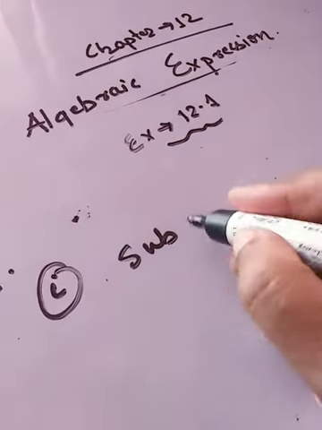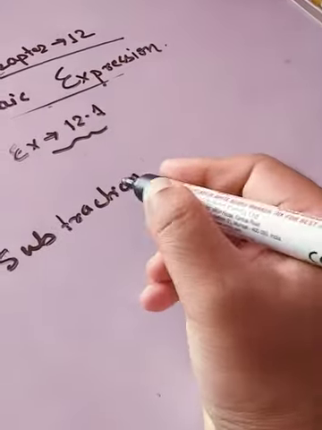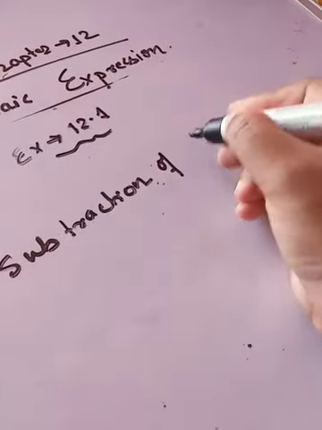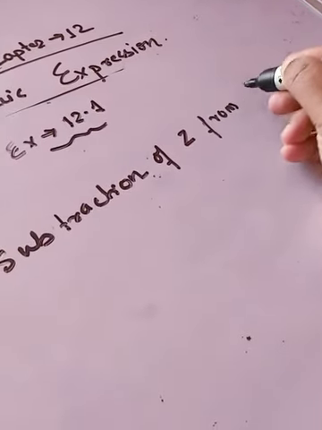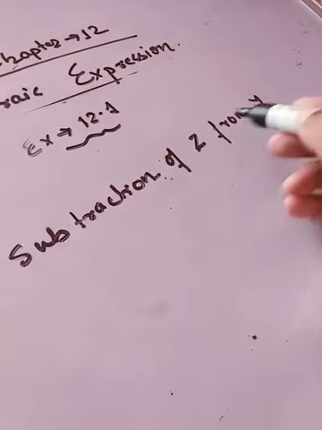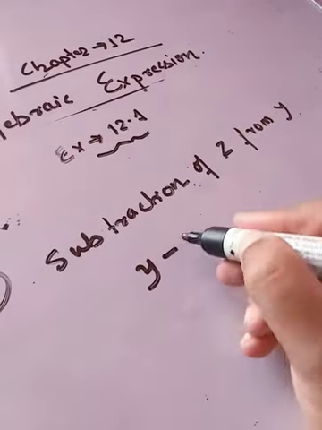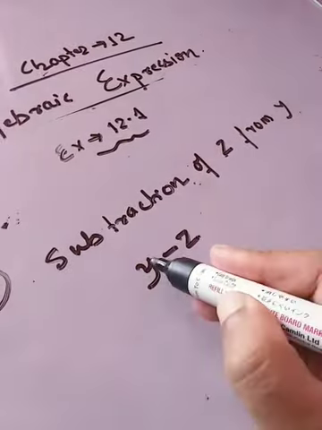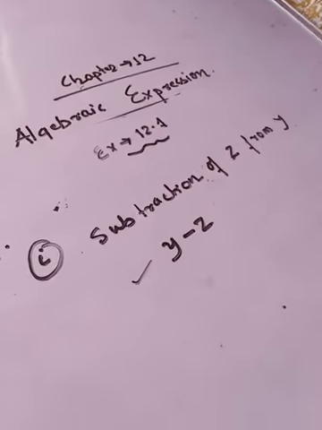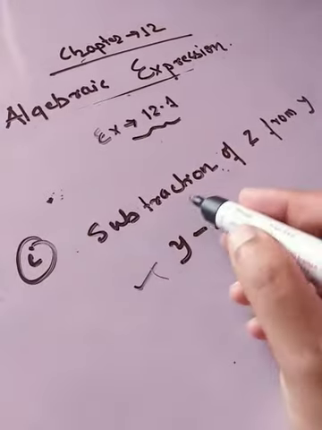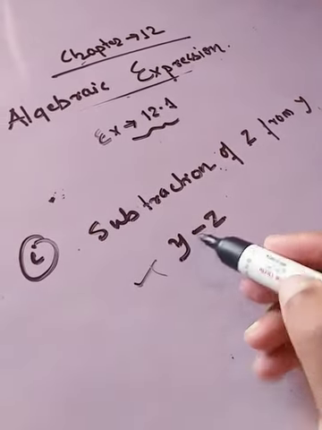Subtraction of z from y, means we have to subtract z from y. So what is the algebraic expression? Y we have to write first, so z is subtracted from y. So this is the answer of the first statement. This is one algebraic expression, 2 variables, and this is the arithmetic operation.